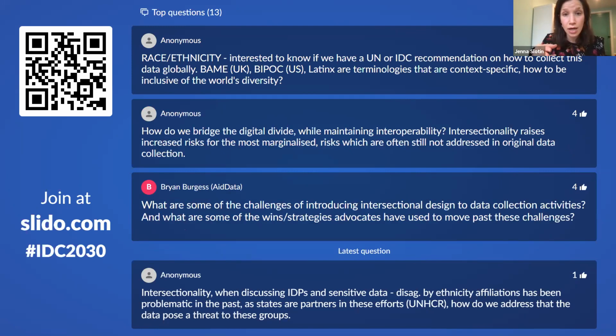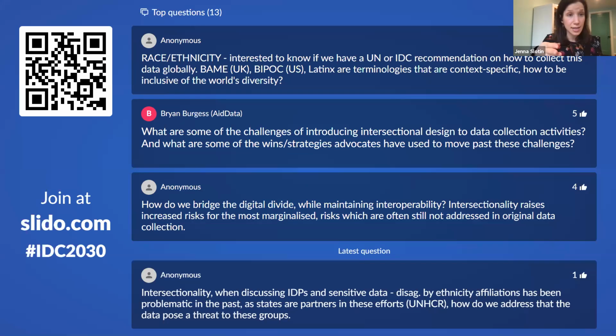It flags certain acronyms, BAME in the UK, BIPOC used in the US, et cetera, and how that type of language might be addressed through global standardization, or if it can be, or what challenges are faced in doing so, and how, from a national perspective, those differences in context may affect how you approach this question.